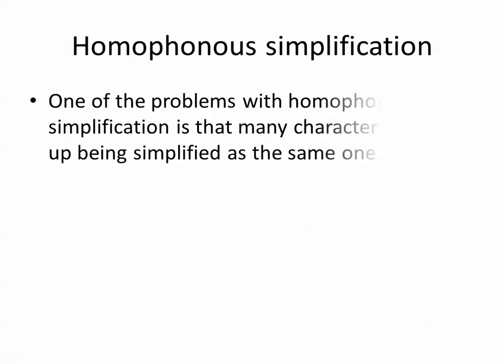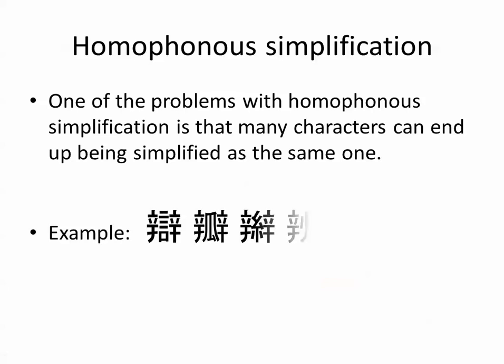Now, one of the problems with homophonous simplification is that in many characters' case, it can end up being simplified as the same one. In other words, you take discrete characters and you end up simplifying them into essentially the same thing. So, for example, here we have the character ben, bento no ben.